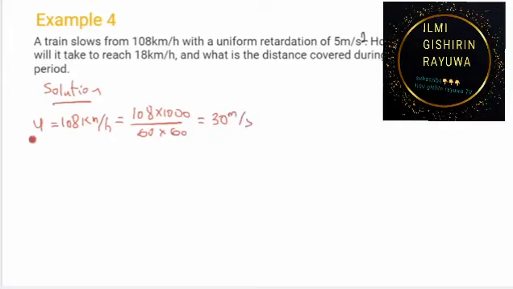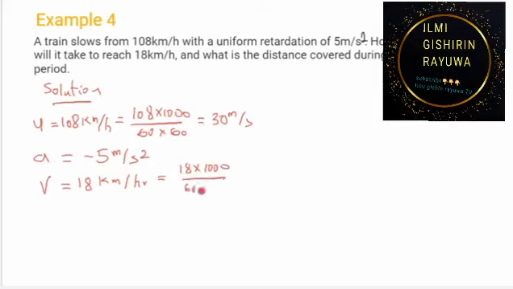Retardation is negative acceleration, so A equals minus 5 meters per second square. And then the final velocity is given to us as V, 18 km per hour. To convert it, multiply it by 1000, divide by 60 times 60. That will give us 5 meters per second.